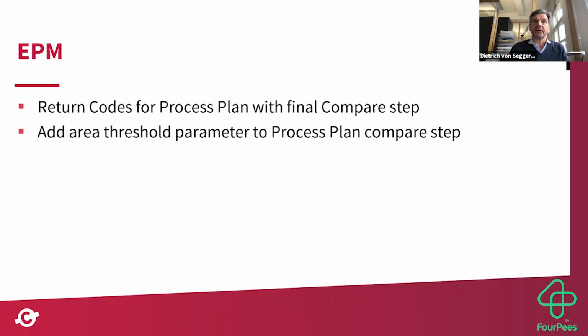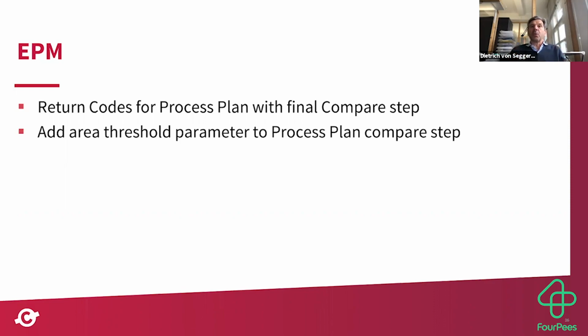So this was already in 12.1. But in 12.1, it changed so that when the compare step finds a difference, then the return code of the process plan indicates that there is an error. And if there isn't any difference, then the return code indicates that there is no error. And an additional change was that there now is an area threshold in the compare step that allows you to specify how big an area may be.